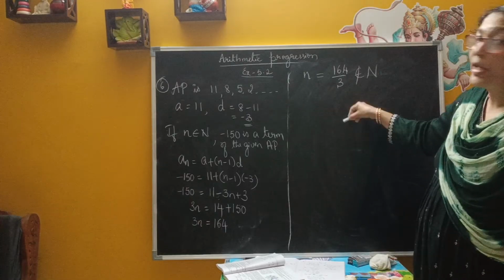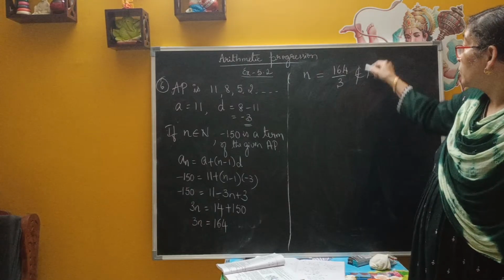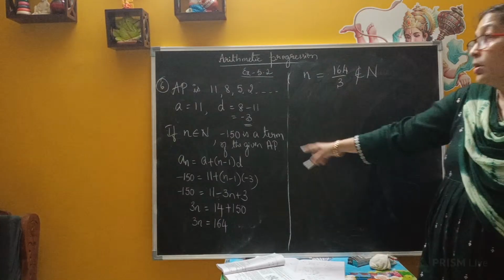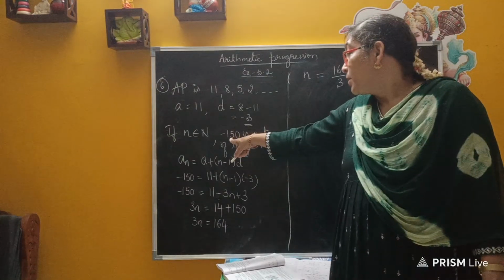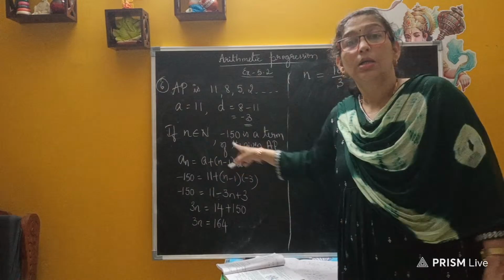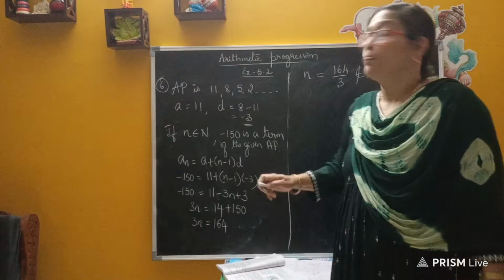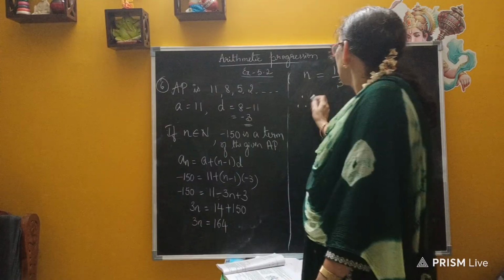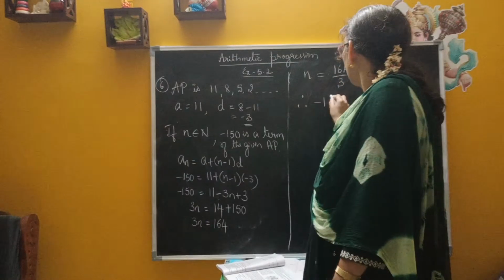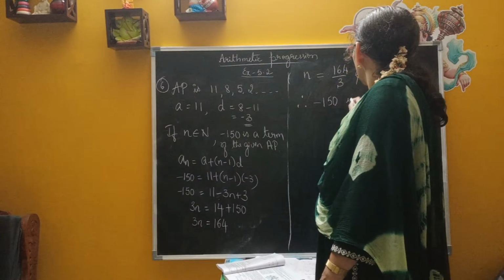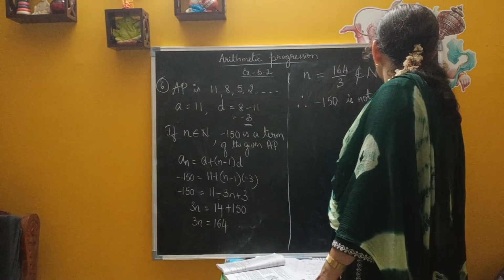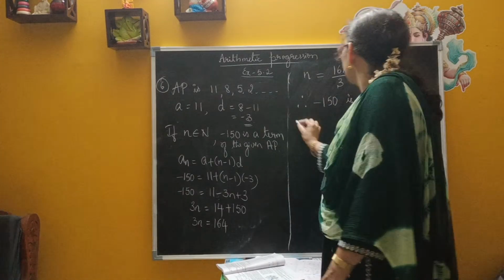We get a fraction if we divide. So this is not a natural number. So what do you conclude? Yes, you can conclude minus 150 is not a term of the given AP.